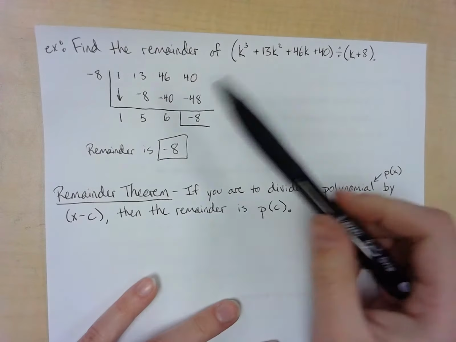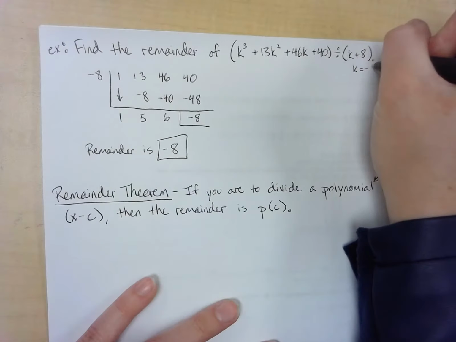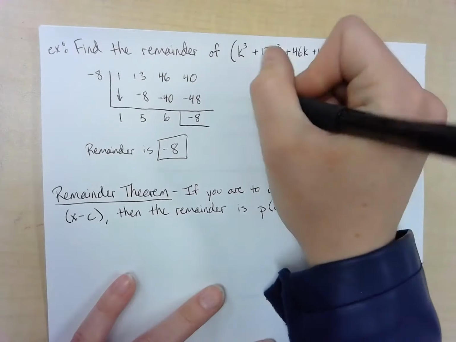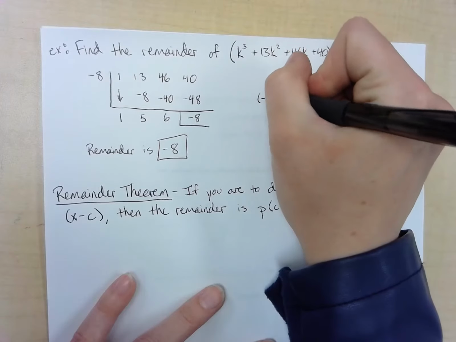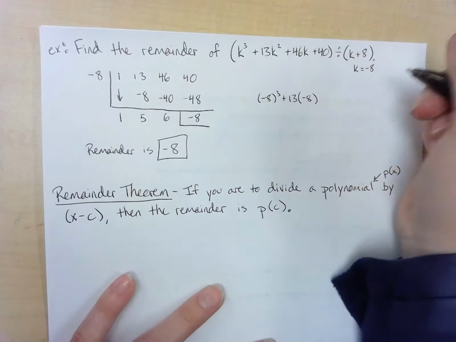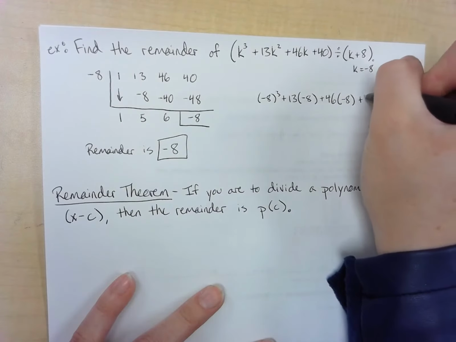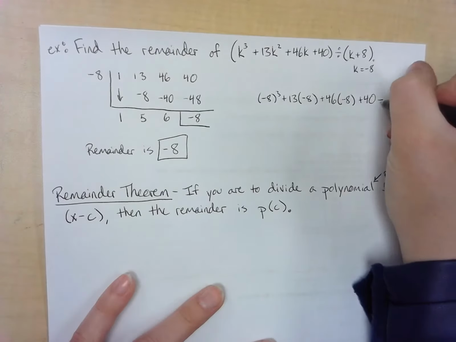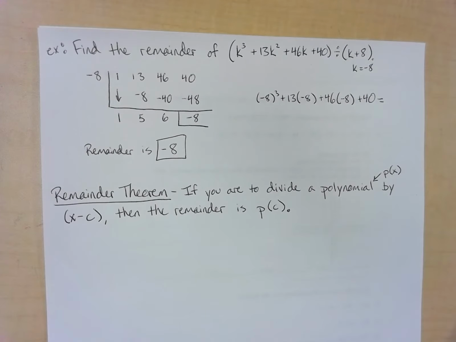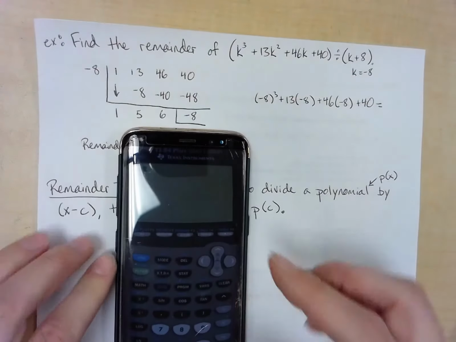So let's try with this one. Here's the polynomial. I know that k equals -8. So let's see what happens when we plug it in. -8 cubed plus 13 times -8 squared plus 46 times -8 plus 40. And I'm going to pull up my calculator. Oh, let's brighten that a little bit.